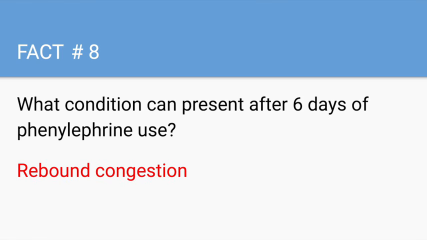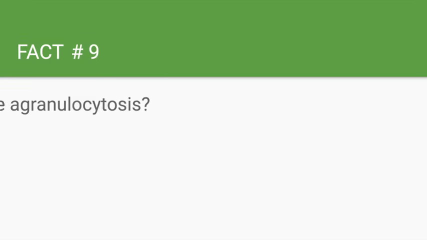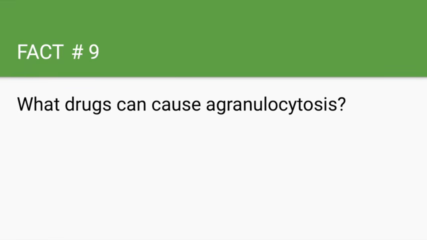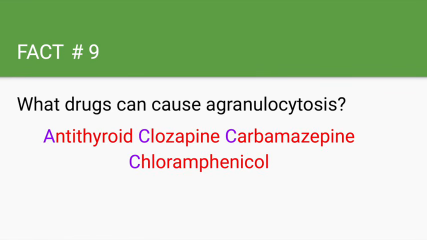What drugs can cause agranulocytosis? Well, you can remember this as AC. So, antithyroid medications, clozapine, carbamazepine, chloramphenicol. So, you can remember with this image right here of the 3 air conditioners.